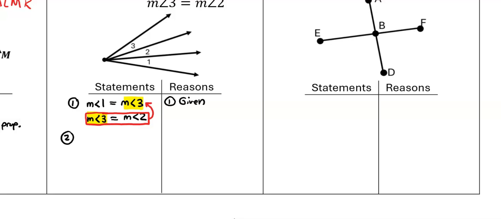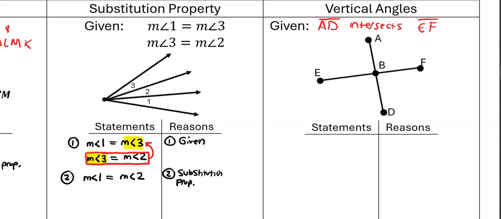I'm taking angle 3 out and putting angle 2 in its place, creating a brand new statement that the measure of angle 1 is equal to the measure of angle 2. What allows me to do that is the substitution property. Basically, whenever two equality statements have something in common, you can create a third equality statement. Some of you may be familiar with this as the transitive property.